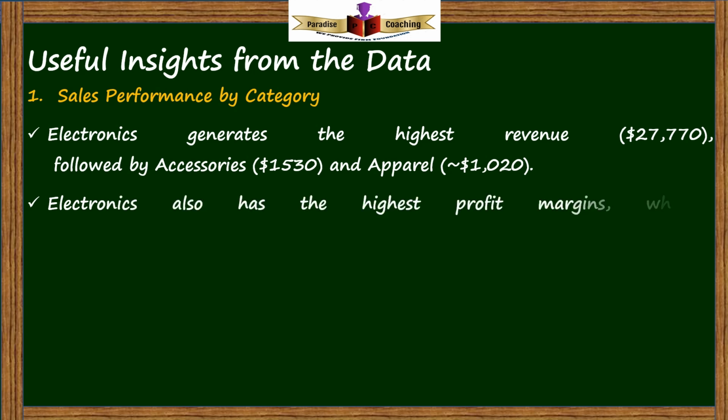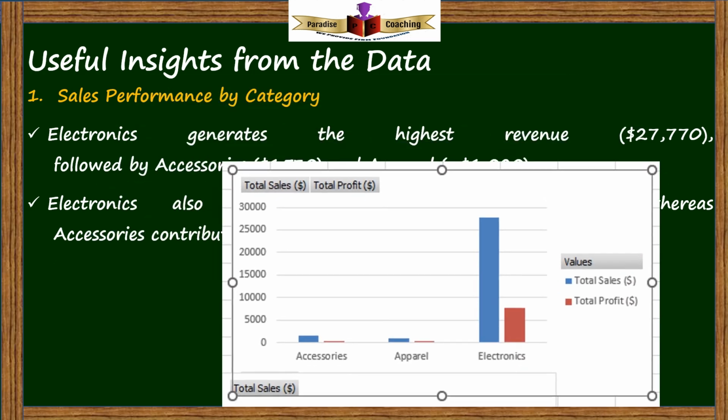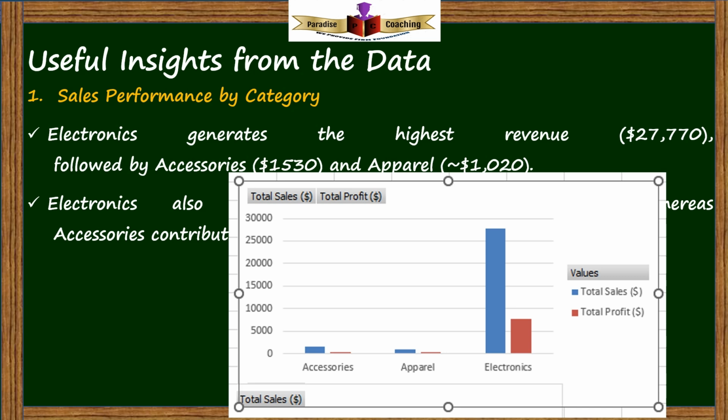Electronics also has the highest profit margins, whereas accessories contribute the least. Here is the bar chart showing sales performance by category.